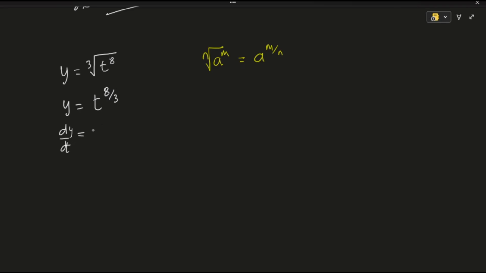So the derivative of this expression is denoted by dy dt. And so the exponent is brought down and we subtract 1 from it.